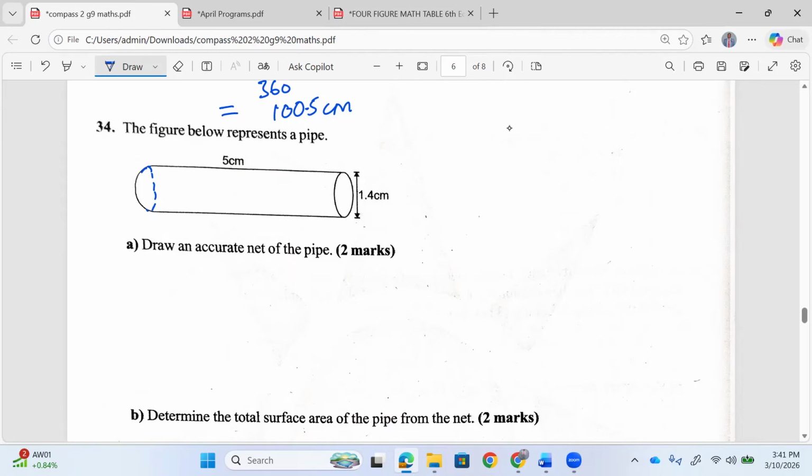When you open it up, we shall have our length of 5 centimeters. But the width we get here shall be equal to pi d. Width here equals the circumference, which is pi d, because when you open the hollow circular solid, the whole circumference becomes our width.